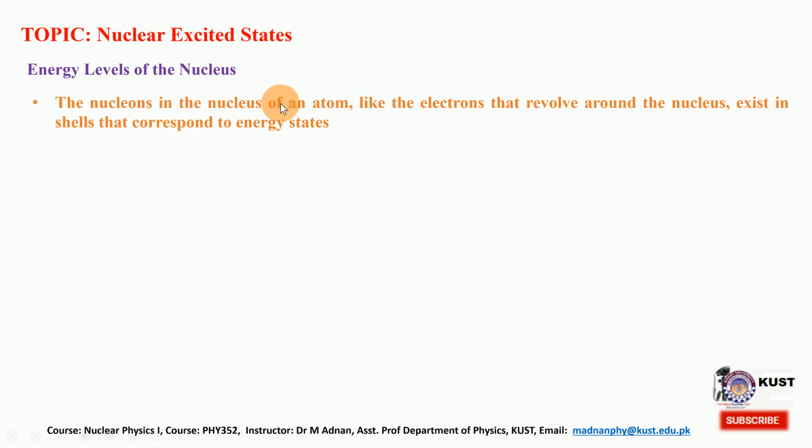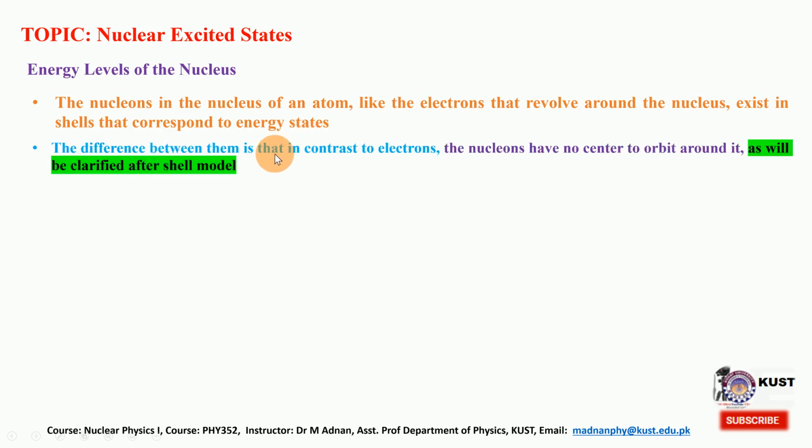The nucleons in the nucleus of an atom, like the electrons that revolve around the nucleus, exist in shells that correspond to energy states. So like the electrons, nucleons inside the nucleus also have different energy states, in which they have different definite energies.